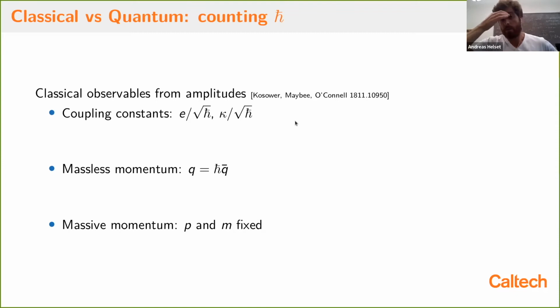But what is important is that there's a distinction between massive particles and massless particles. For the massive particles, we want to keep their mass and momentum fixed, meaning it doesn't scale with h bar. While for the massless particles, we want to scale the momentum with h bar.